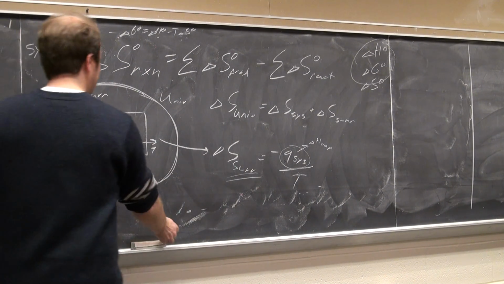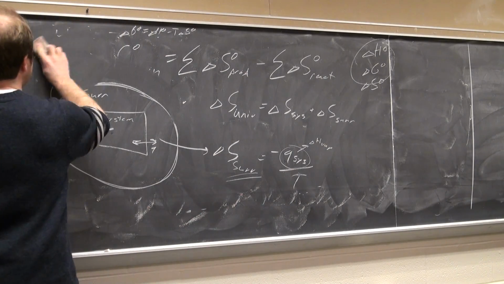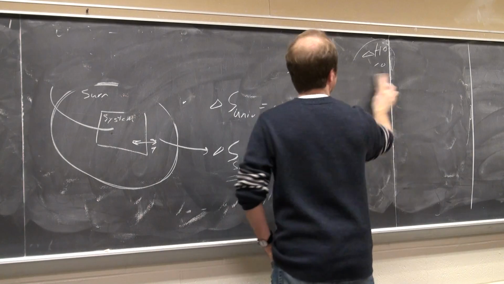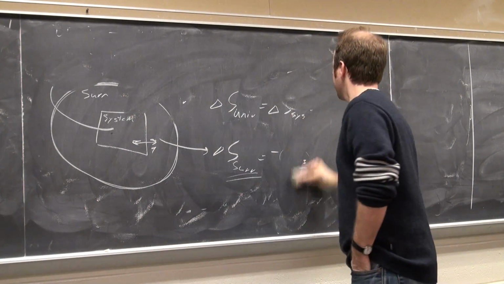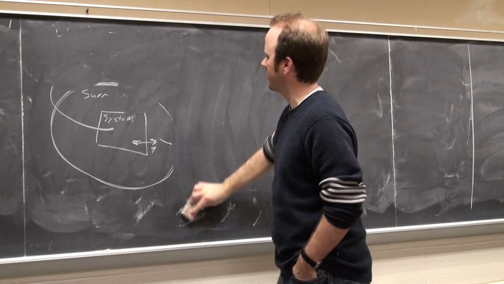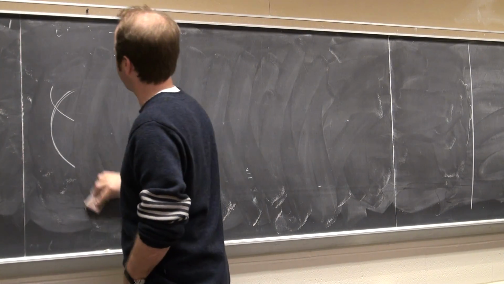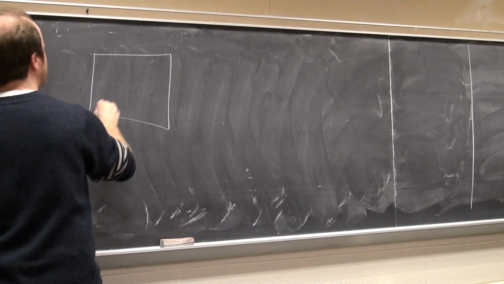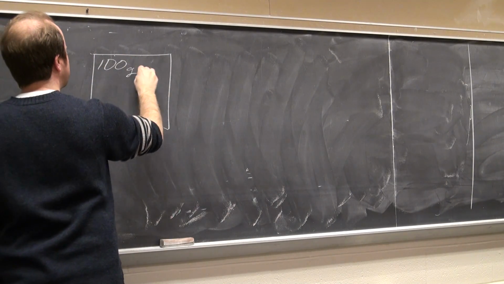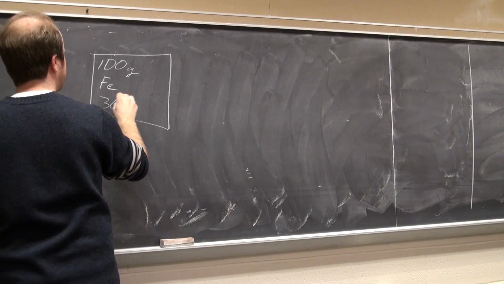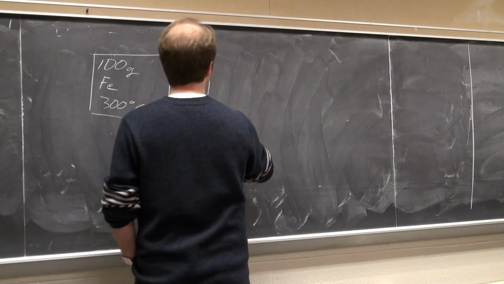Okay, so you have two blocks. You have a 100-gram piece of iron at 300 degrees Celsius.